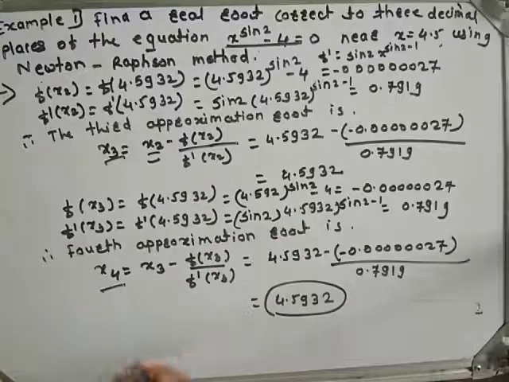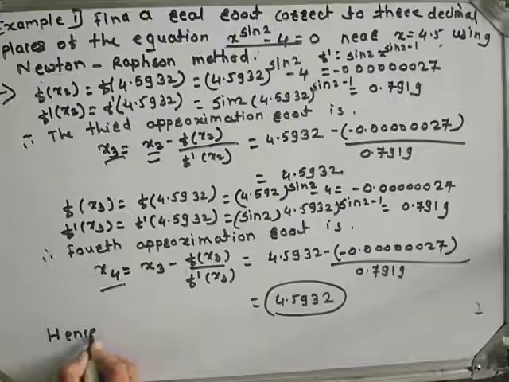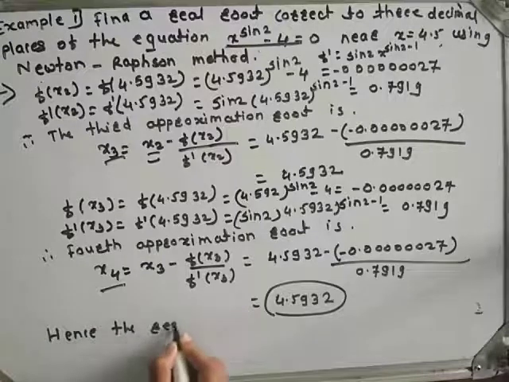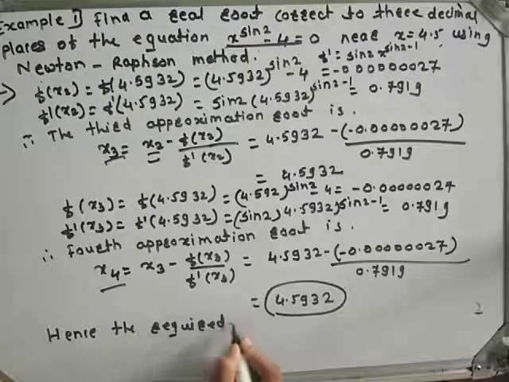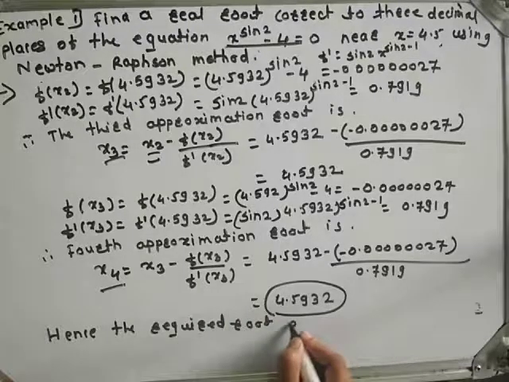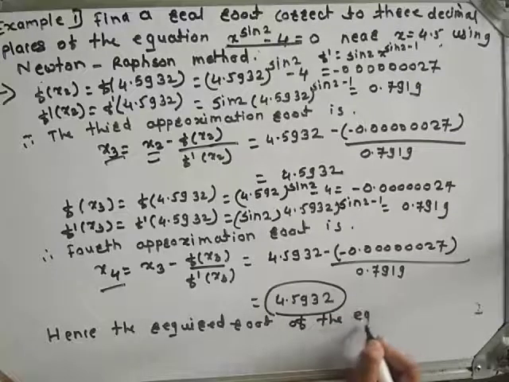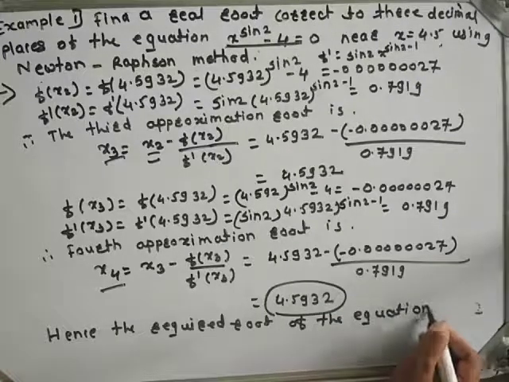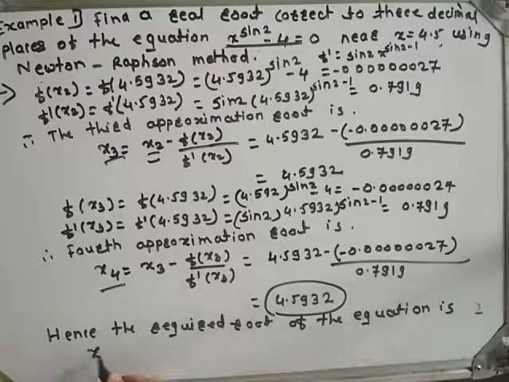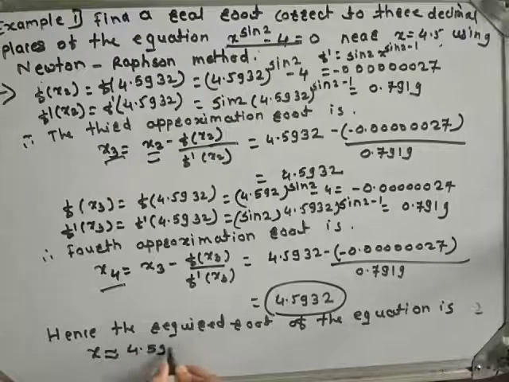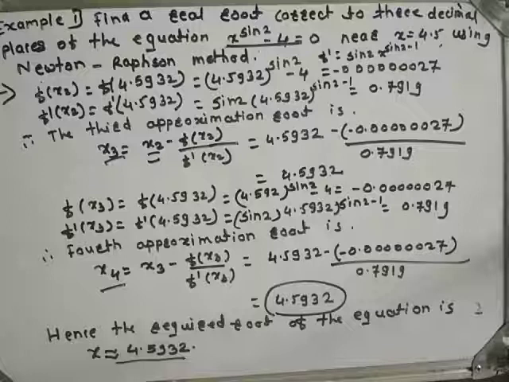Therefore, we will stop here iteration and our required root is, hence the required root of the equation is x is approximately equal to 4.5932, and we have to correct this root to 3 decimal places.